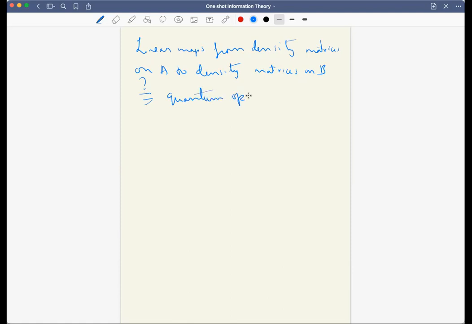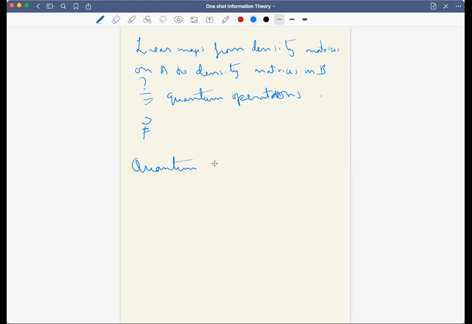Here I have defined quantum operations by the three-step process. So do linear maps define the quantum operation? The answer is no. The quantum operations are a proper subset of this. You need to respect positivity and those things. That's where it comes. So the jargon also calls them quantum operations.